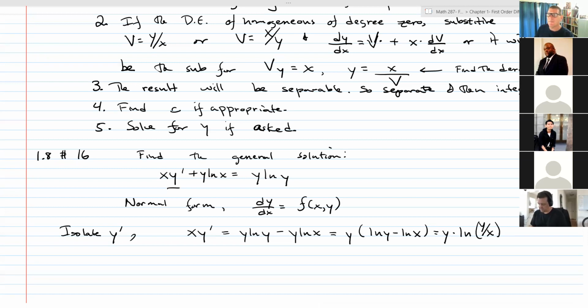I remembered that I wanted it to be a function of y over x. I'm not going to be able to divide through by x inside the log, so what do I need to do? Well, some rules of logarithms will allow you to do that. Then I'll just divide through by x. So I get y prime equals y over x times the natural log of y over x.